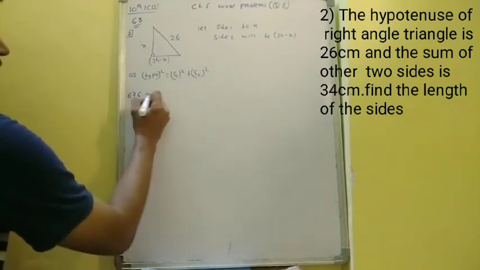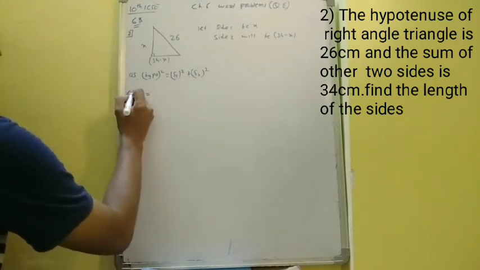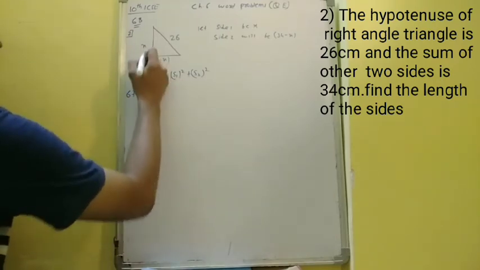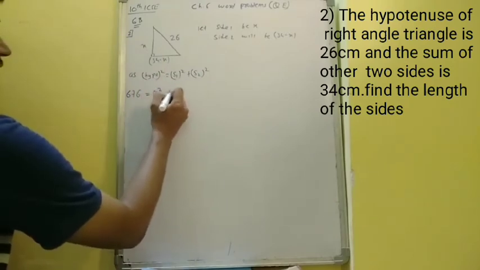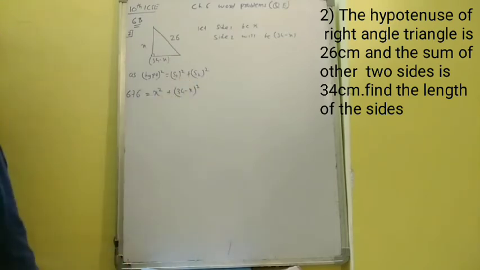676 is equal to side 1, that is x square, plus side 2, that is 34 minus x the whole square.